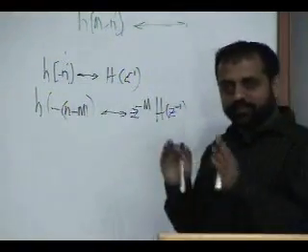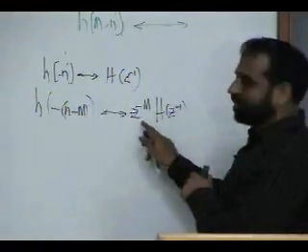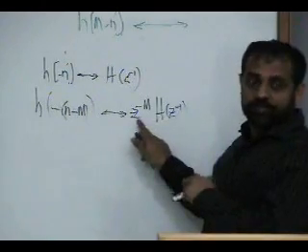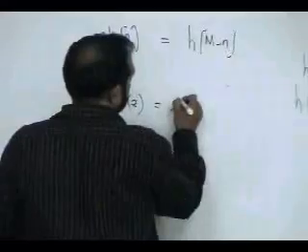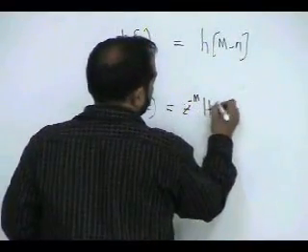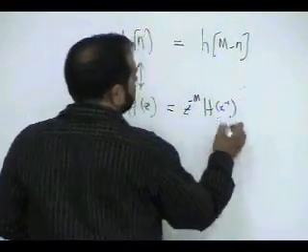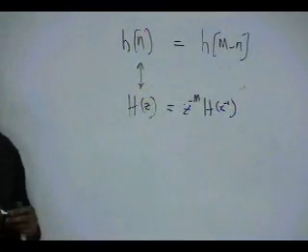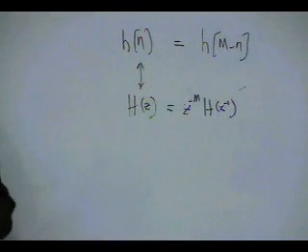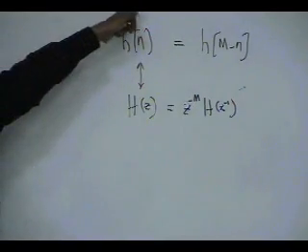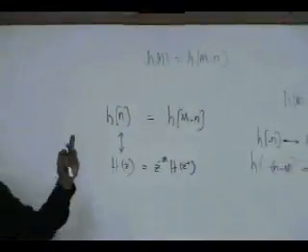So if you replace n by n minus m, you multiply it with Z minus m. So it means h of Z is actually equal to Z minus m h of Z inverse. If a system obeys this, it will obey this. You can try it out.